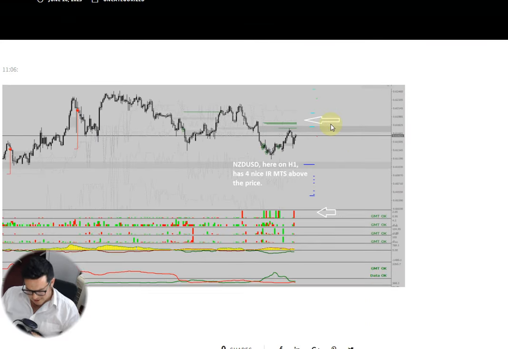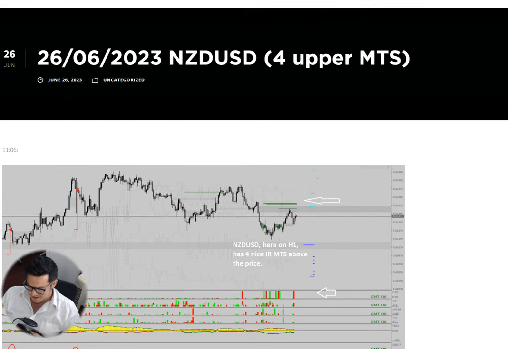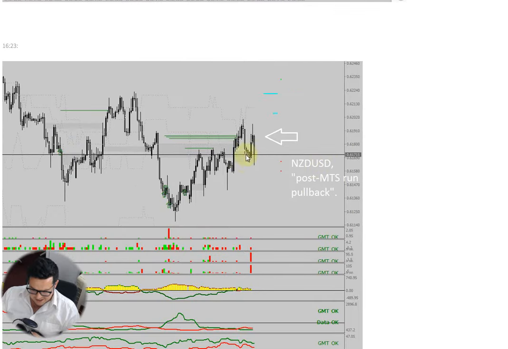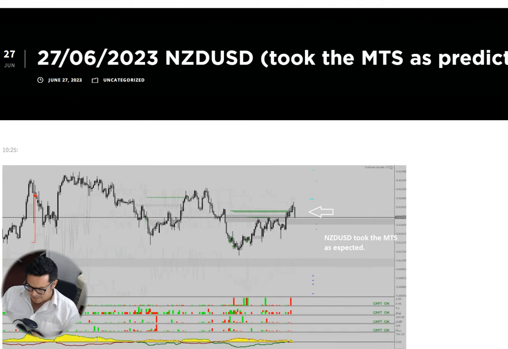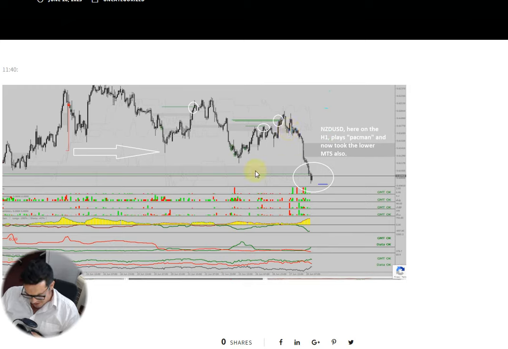Kiwi dollar, I should mention that. 3 MTS above the price. Clear long trade towards there on the 26th. Boom. Filling the target. Beautiful long trade. Now look at this precision. Exactly there, the price starts to reverse and boom, goes down to the lower MTS. Look at that. So option strike target filled to the pip, pullback.